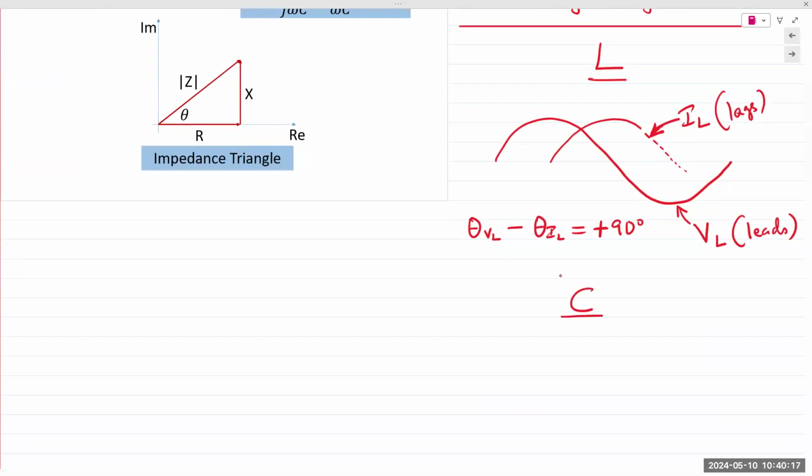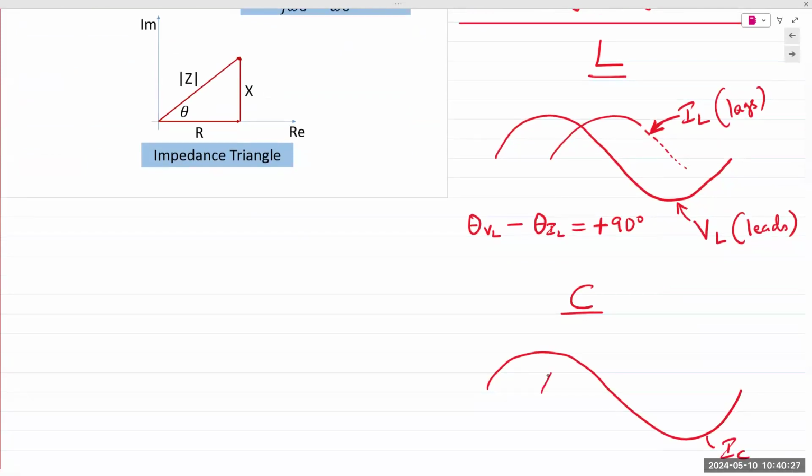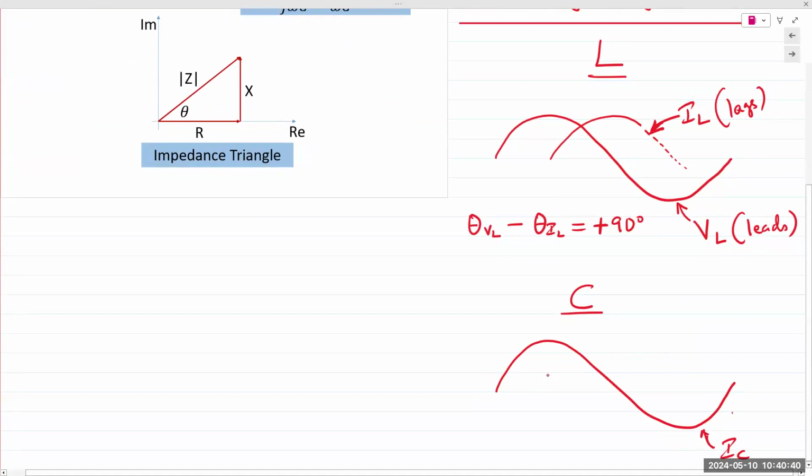So if this was IC, this would be VC. In this case, VC lags and IC leads.